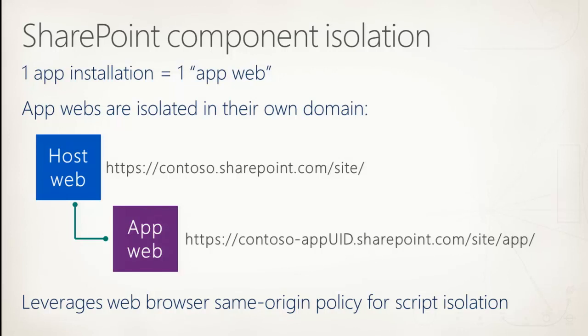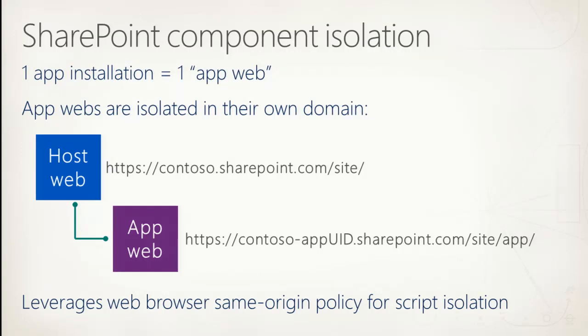Apps have their own identity and run with a set of permissions that are not necessarily the same set of permissions that the user who's executing the app has. So by giving a unique domain to each app installation, for the requests made by the app to the SharePoint server, SharePoint is able to identify which app it is and enforce the permissions that are associated with it.